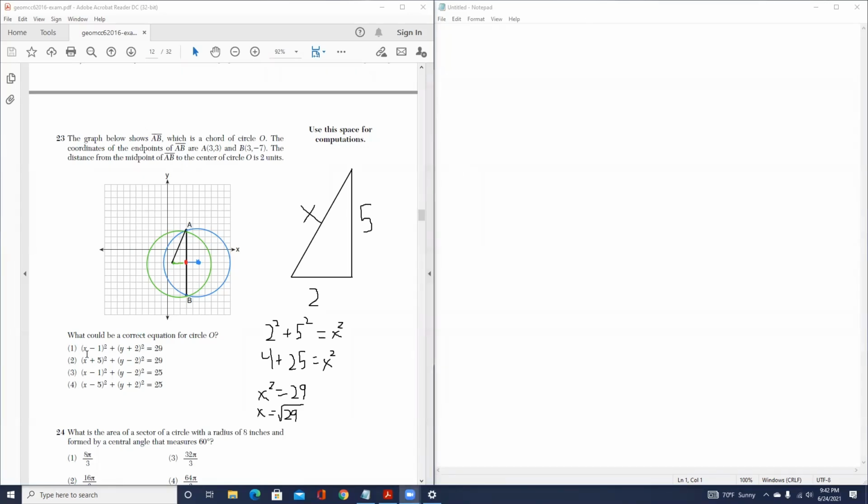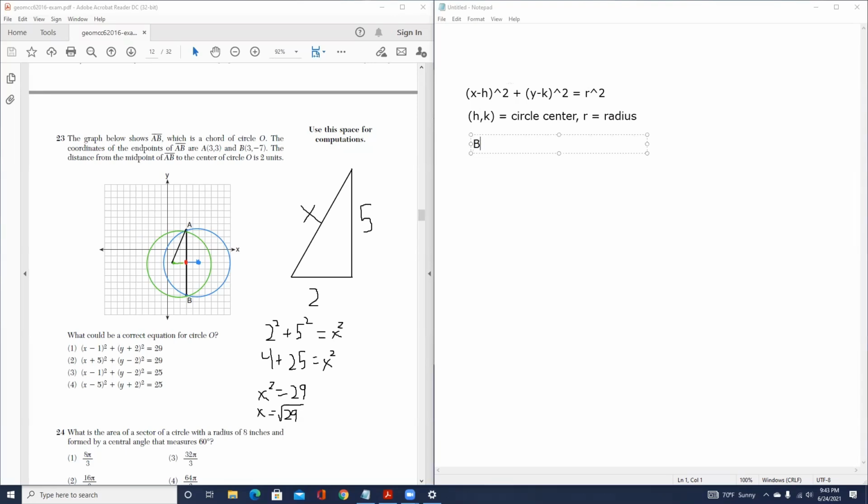Now the form of the equation that we need to use, I forget the exact name of it, but writing it out, it's x minus h squared plus y minus k squared equals r squared, where hk is the circle center, r is the circle's radius.